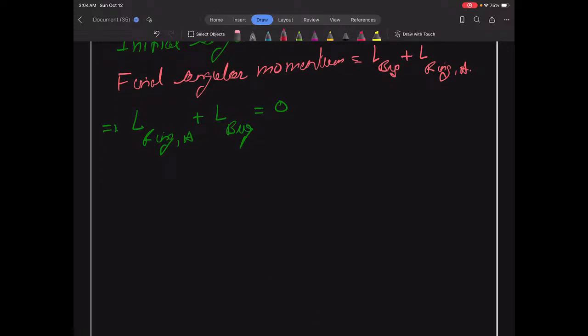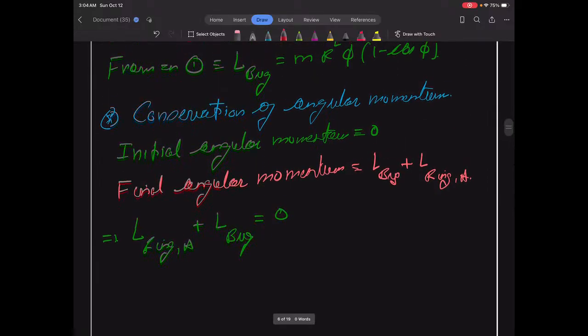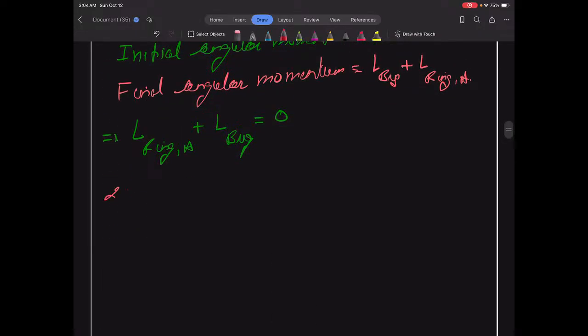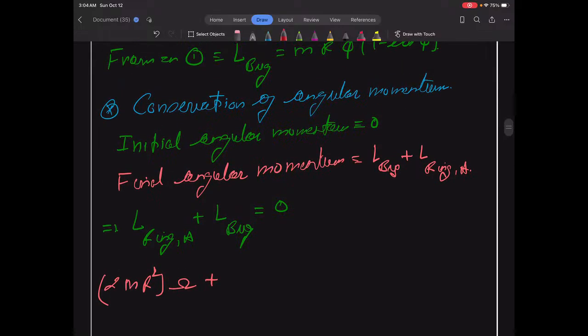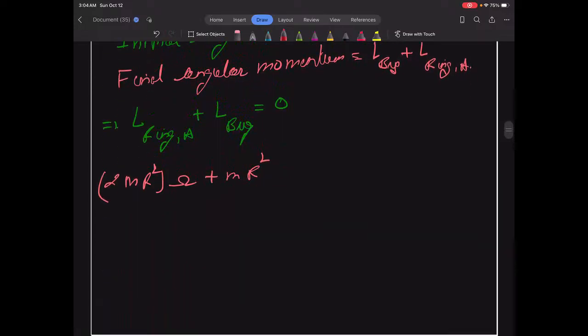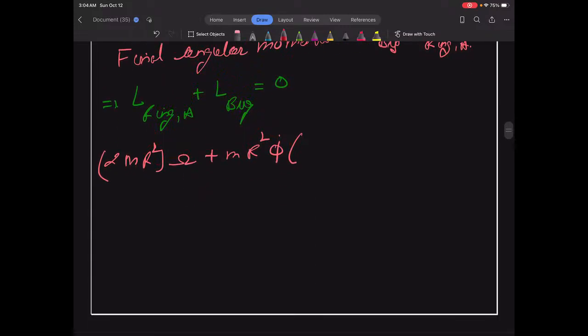Momentum of our ring was 2m r square times omega, plus the bug was m r square phi dot and 1 minus cos of phi is equal to 0.